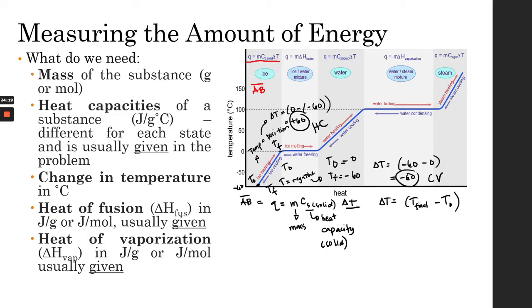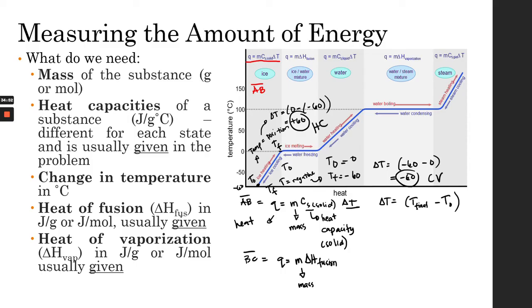For section BC, the equation that you use is Q equals, where Q is heat. But for BC, what you have to use is only the mass of the substance multiplied by the delta H of fusion, so the heat of fusion of the substance.